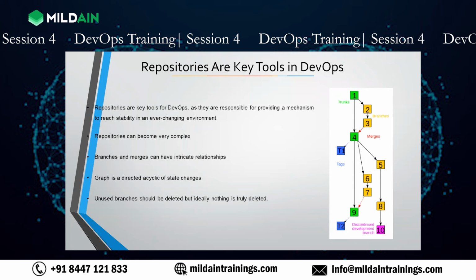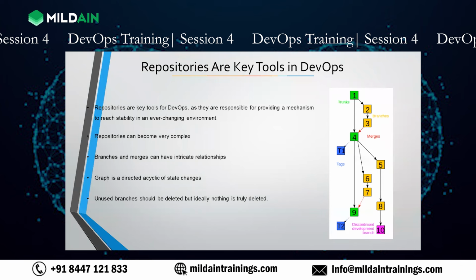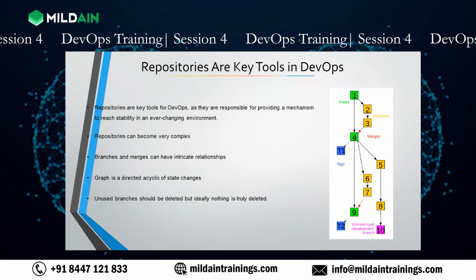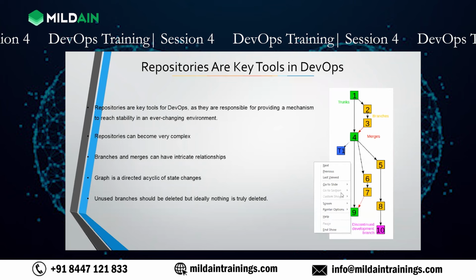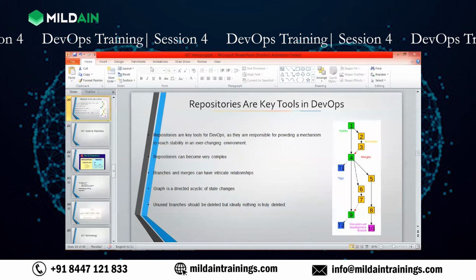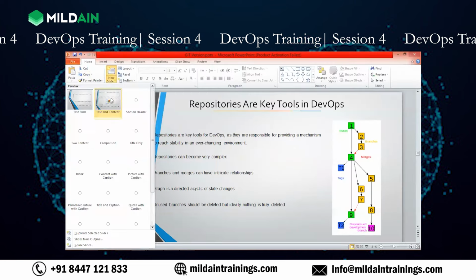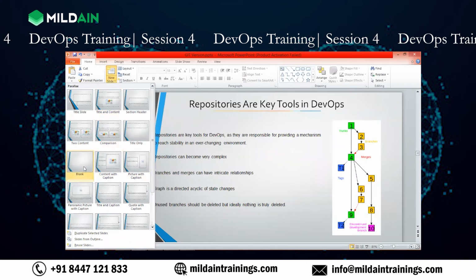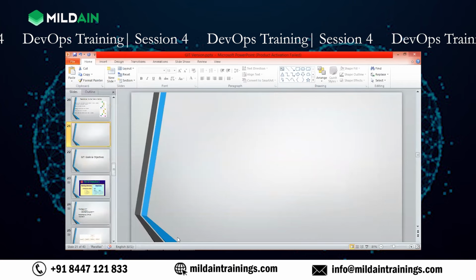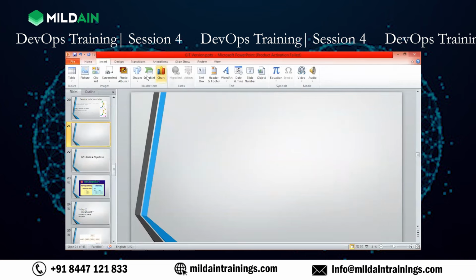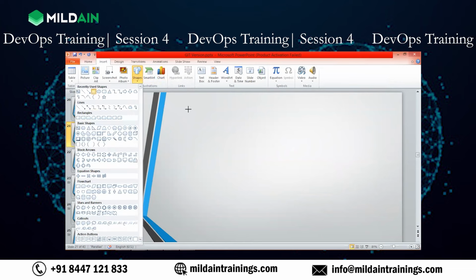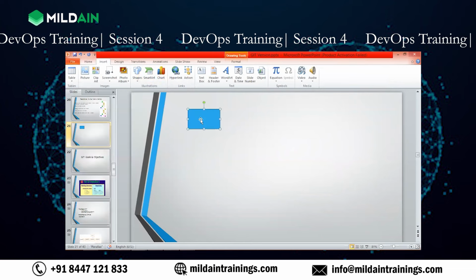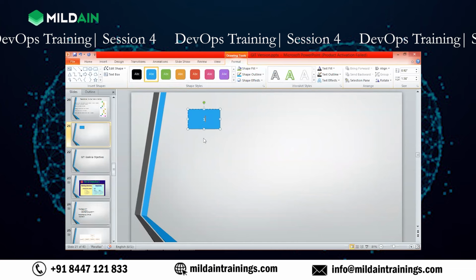This is one requirement, or the figure can also be like this. I will just show you in a figure. We have a branch 1 here.